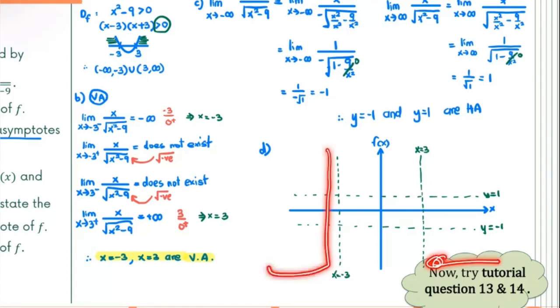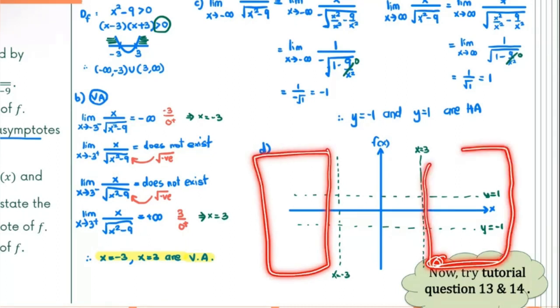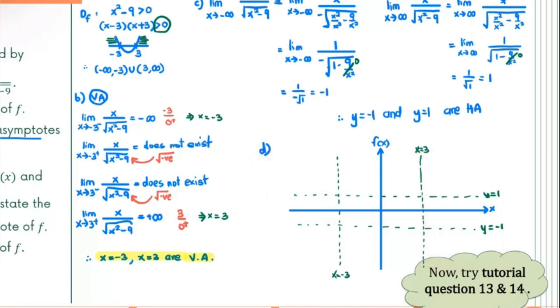So kat sini je kawasan yang akan ada graph. Okay, so kita tengok behavior of our limit. Okay, so negative 3 from the left, the value of our y will be approaching negative infinity. So negative 3 from the left kawasan sini, so kita punya y menuju ke arah negative infinity. So saya akan tanda di sini ke bawah.